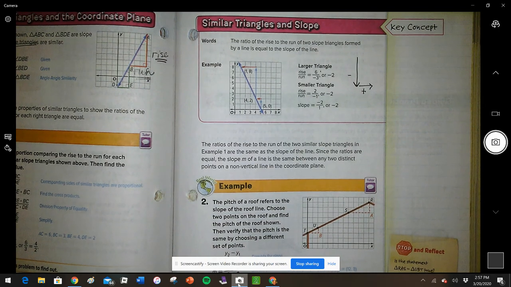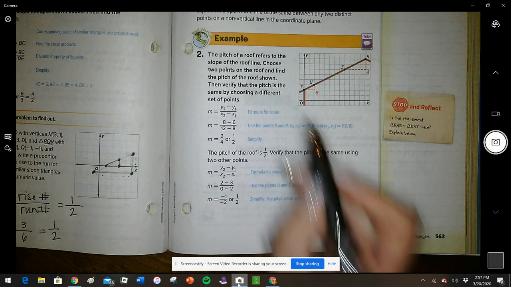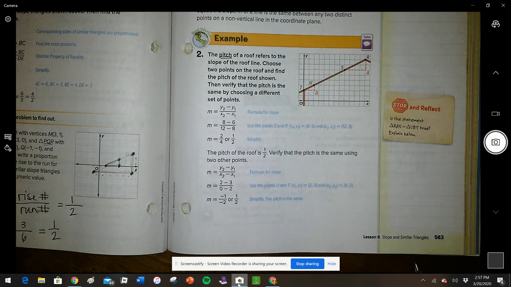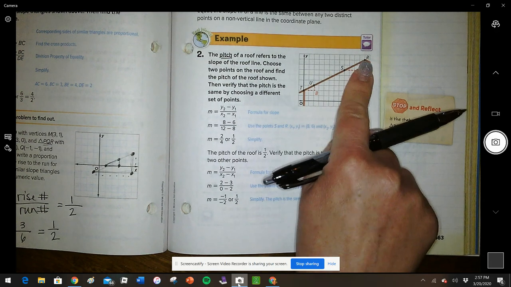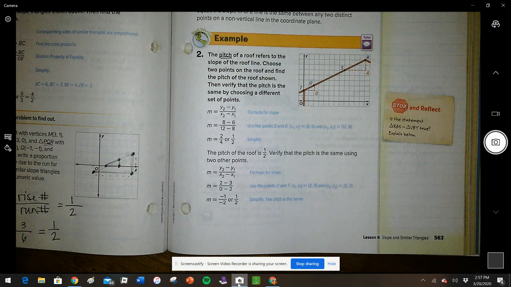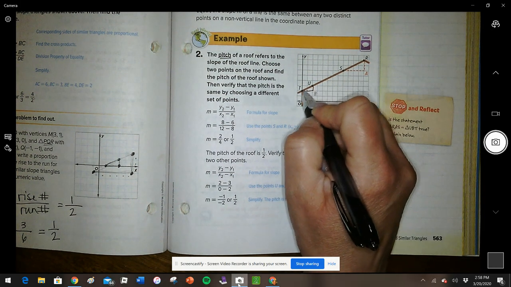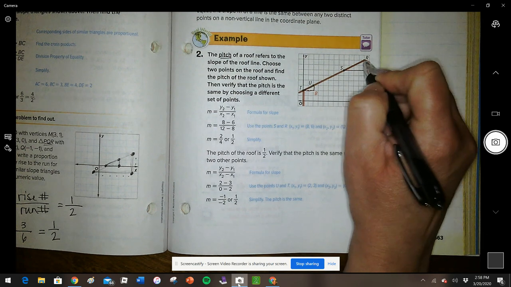Okay, and so just a couple of things you've got to keep in mind when you're doing these problems. Let's take a look at this example about a roof. Okay, so it says the pitch of a roof. This is not like a pitch like a baseball. The pitch is the same thing as the slope of the roof, right? How steep is it? Pitch means steepness. So we have this roof, and we have a little triangle right here, and we have a big triangle right here.